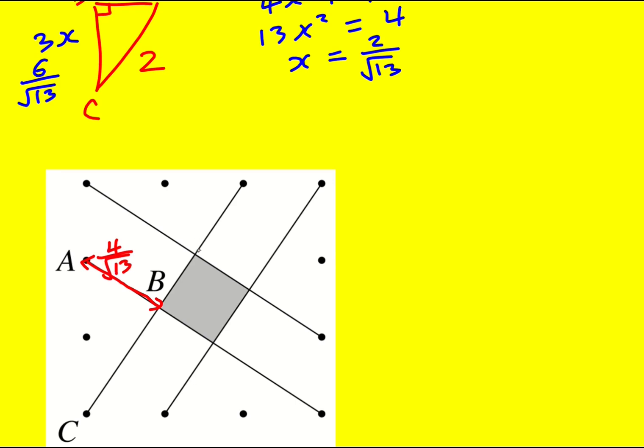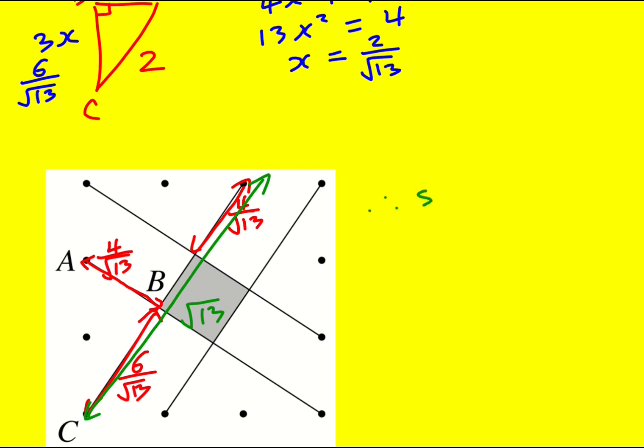But actually, by symmetry, this is also going to be 4 over root 13. And then BC is 6 over root 13. And the whole length, which we actually calculated before, is root 13. 2 squared plus 3 squared, square rooted.